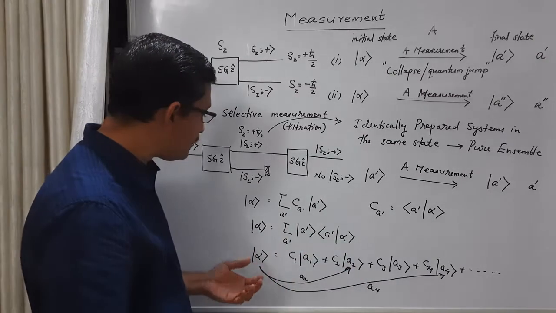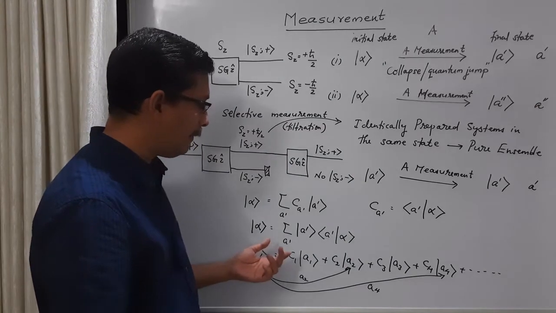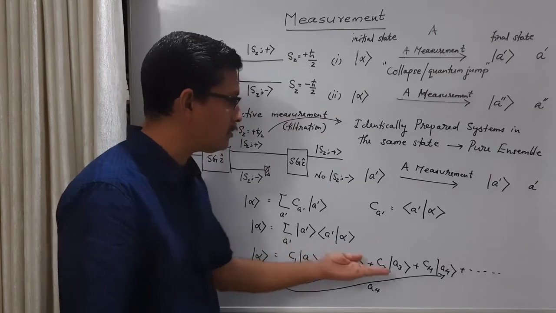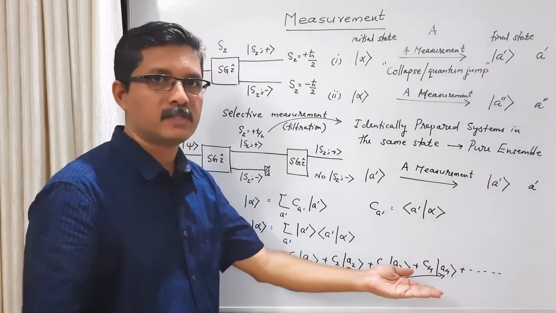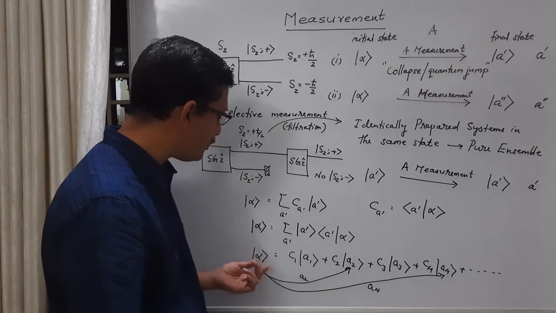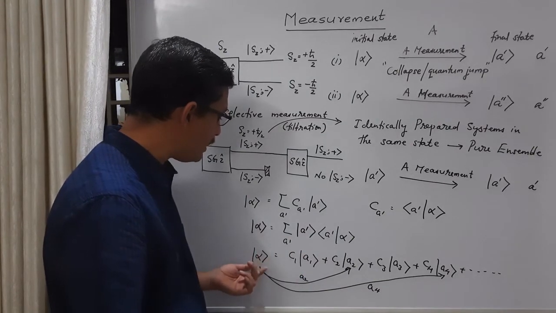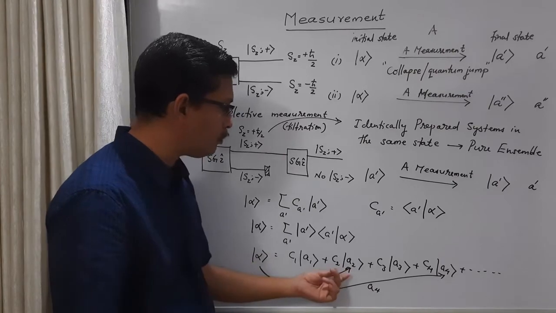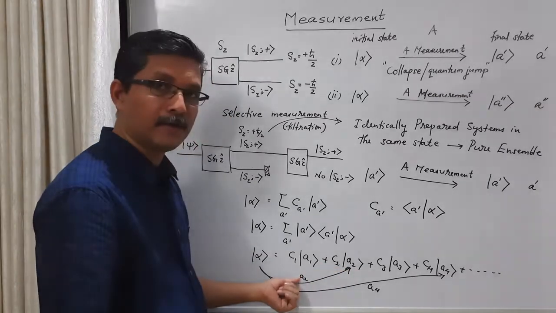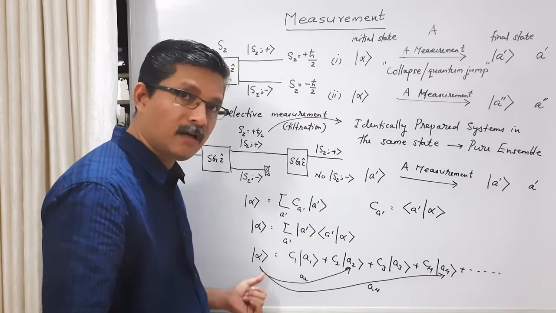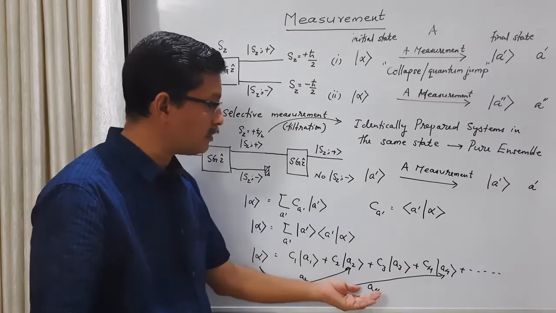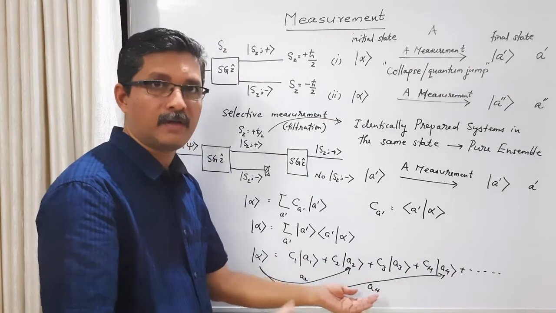So the point is that this general ket contains some component of each eigenket of the physical quantity being measured. So in each measurement, what happens is the state collapses from the general ket to one of the eigenkets, and the result of measurement is the corresponding eigenvalue. In the next trial, it collapses to some other eigenket, and the result of measurement is the corresponding eigenvalue.